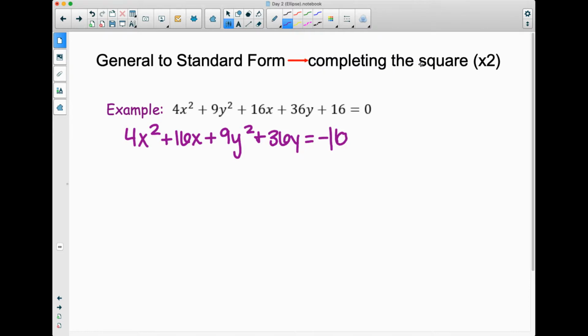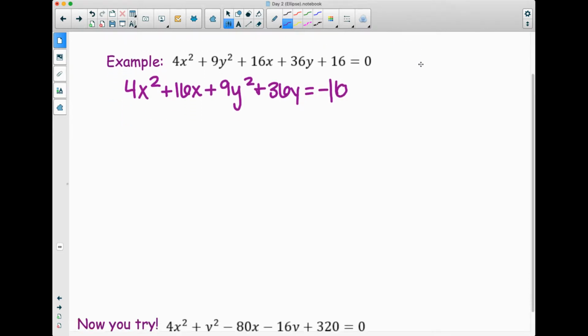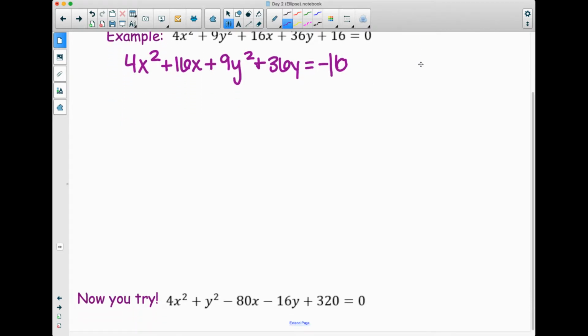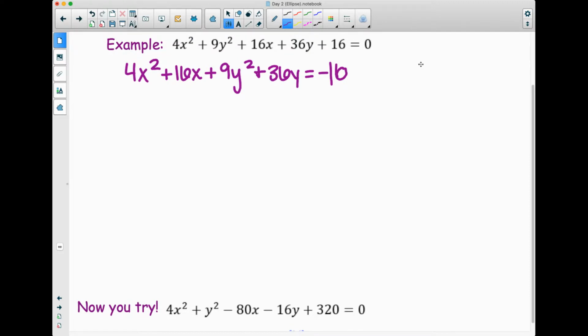So remember, with a leading coefficient other than 1, I have to take out that 4 first. And I take out my 9.